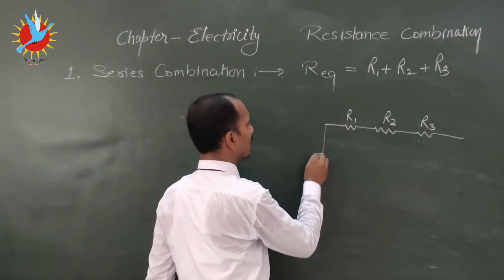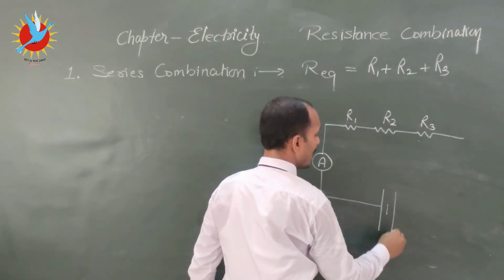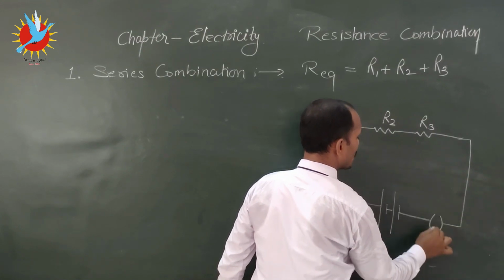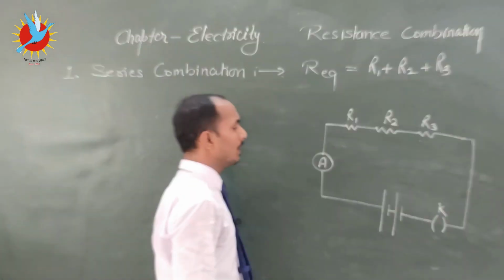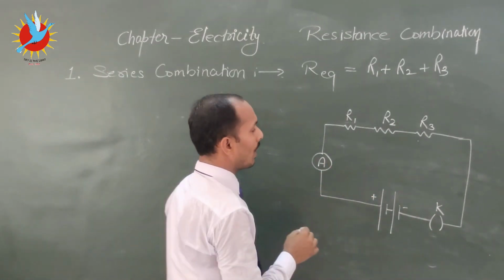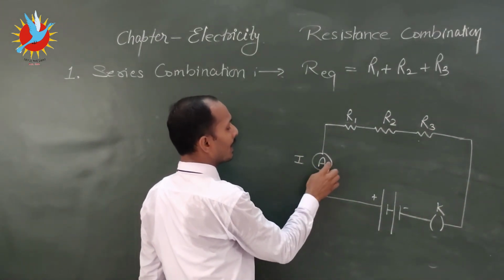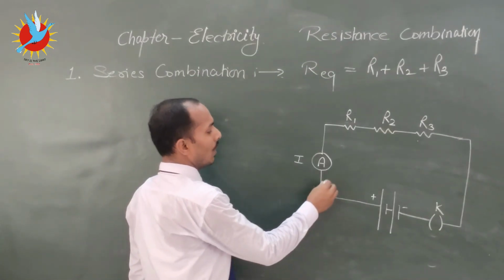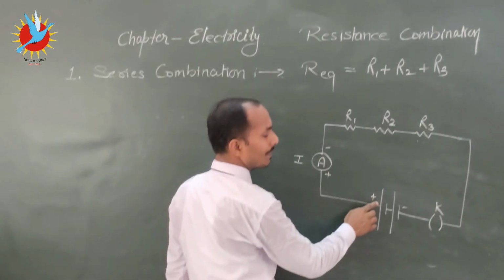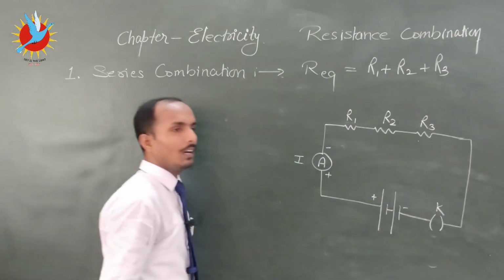It is connected with an ammeter, and this is a battery, and the battery is connected with a switch, K. Now how much current is flowing in this circuit is measured by this ammeter, as I. This is the positive terminal, this is the negative terminal. Remember this point: the positive terminal is always connected with the positive terminal of the battery, and the negative terminal is always connected with the negative terminal of the battery.